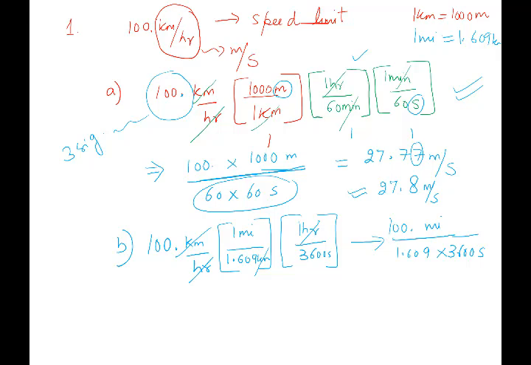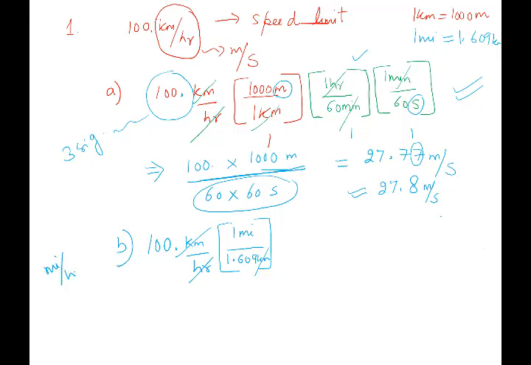Oh, actually we are going to convert it into hours, my bad. We are just leaving it in miles per hour. The question was to convert it into miles per hour. Miles per second is a small value, so it doesn't make sense.